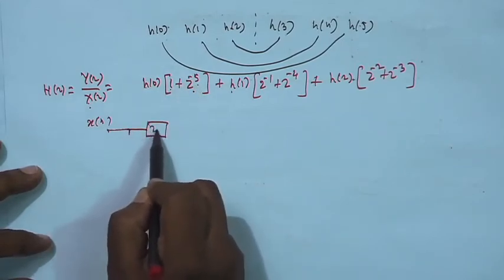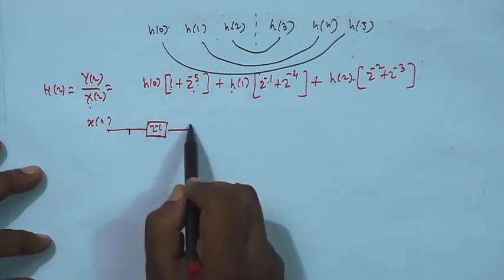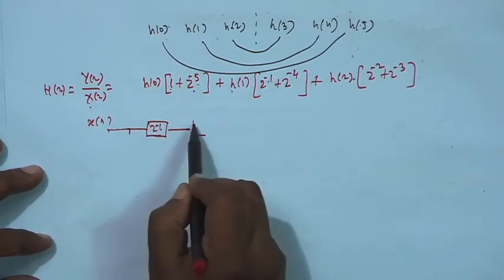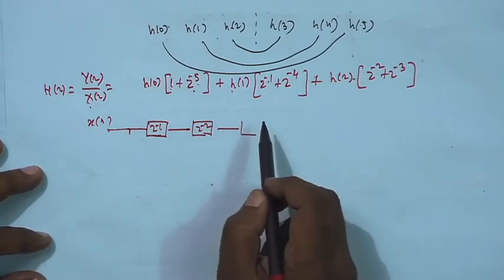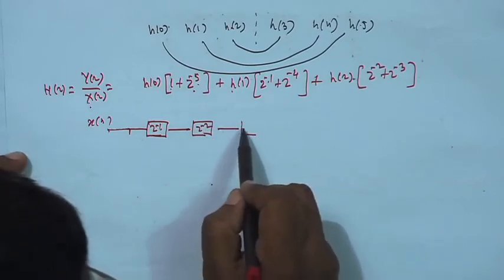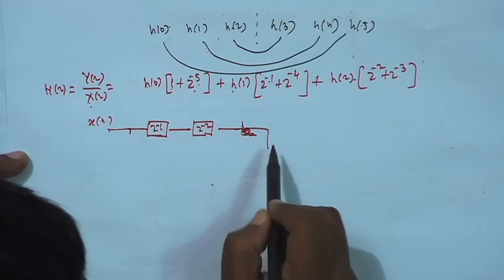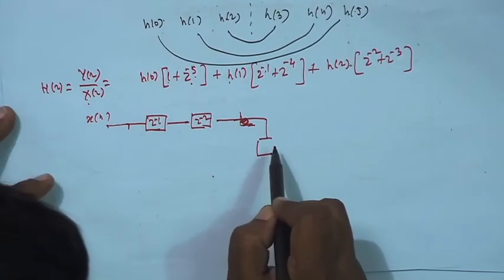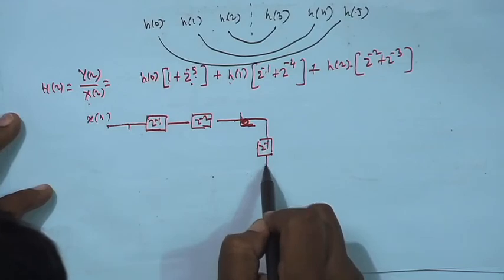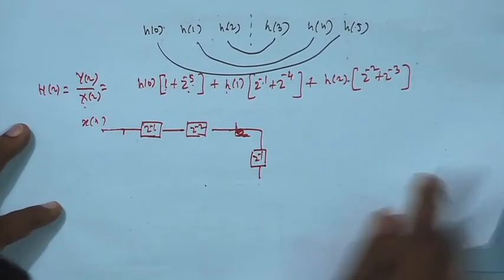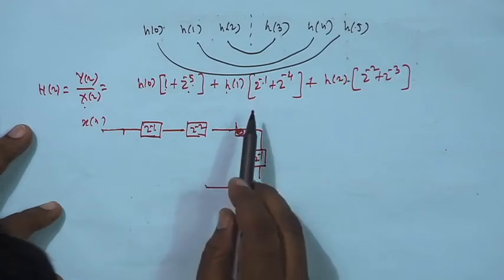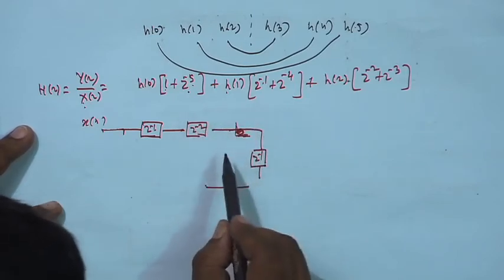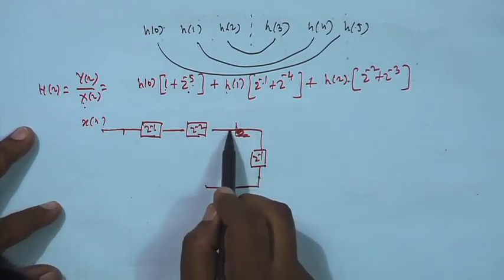Okay. So, one delay, z inverse 1, then another delay, z inverse 2, another delay. Now, this delay, this is the interesting thing, you put a delay here. So, z inverse 2, z inverse 3.